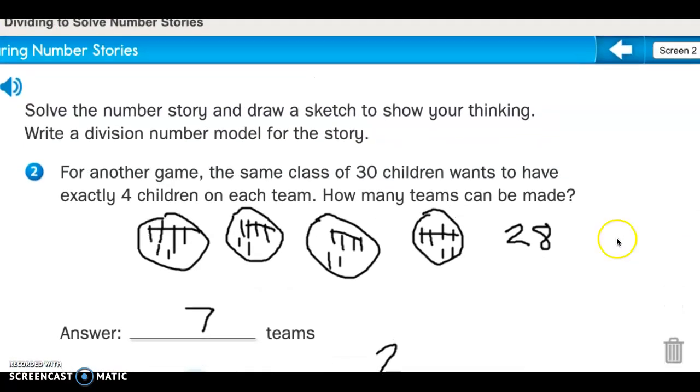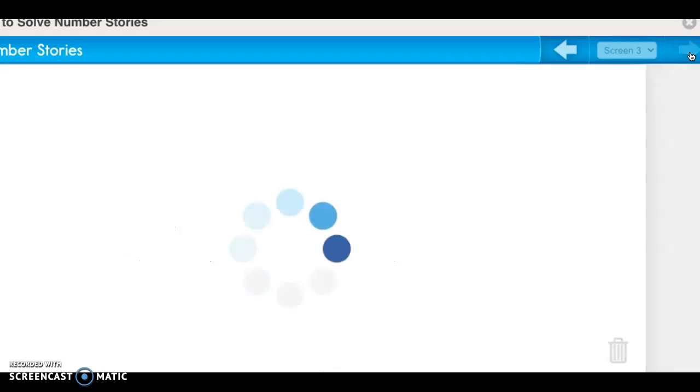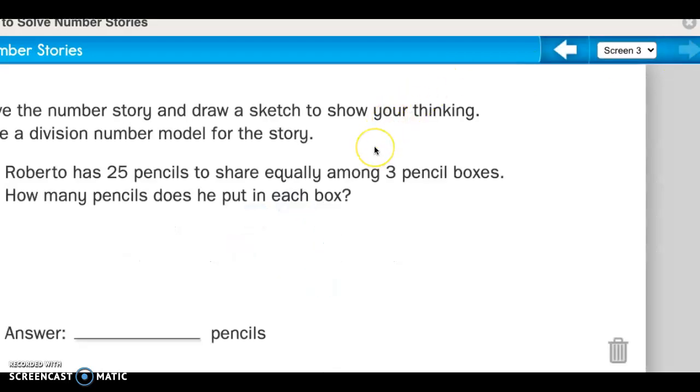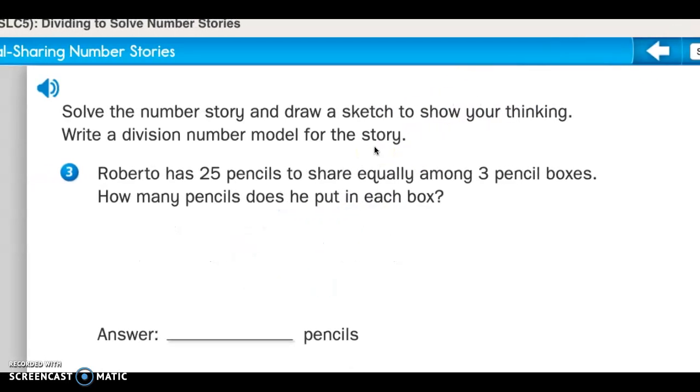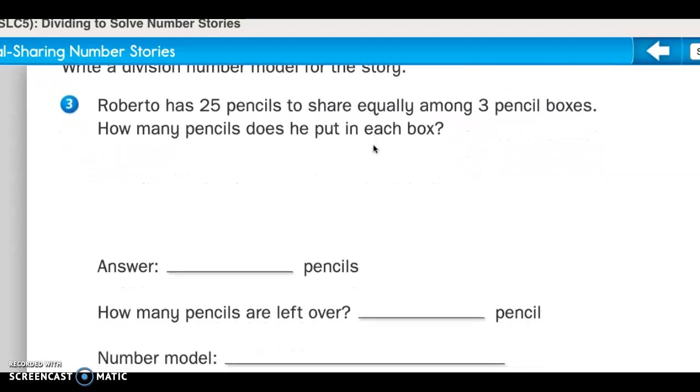And we're going to go on to one more screen. Go ahead and go with me, because after this, you're going to do the home link by yourself. So here it is. Roberto has 25 pencils to share equally. Share. There's your clue word. I always like to point out clue words. When you see the words share equally, that tells you you're probably dividing.